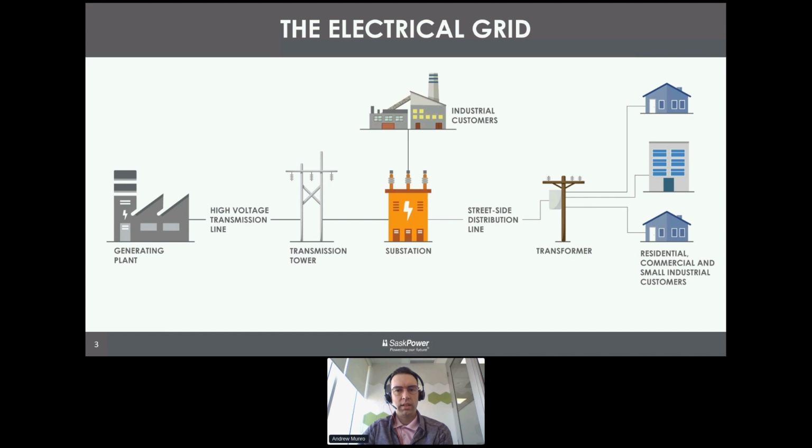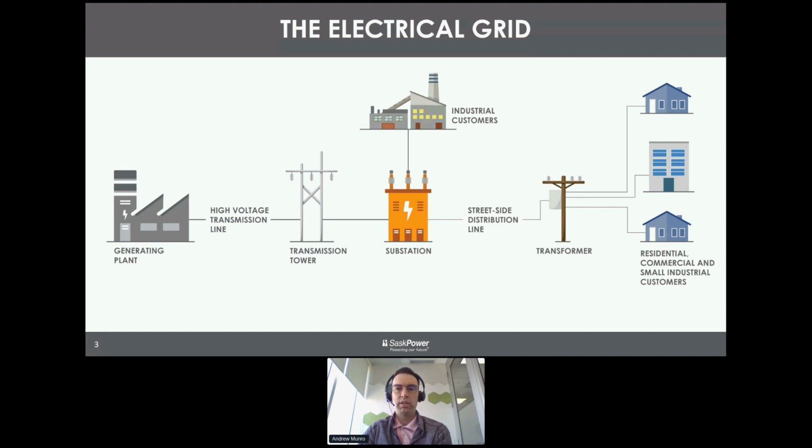What the picture shows here up on the screen is electricity being generated at a generating station. Then the voltage is raised so that we can move that electricity more effectively over long distances via the transmission lines. These transmission lines are designed to carry that high voltage electricity long distances across our province.